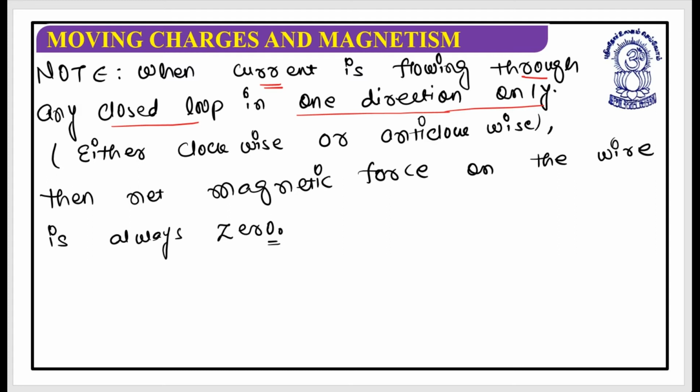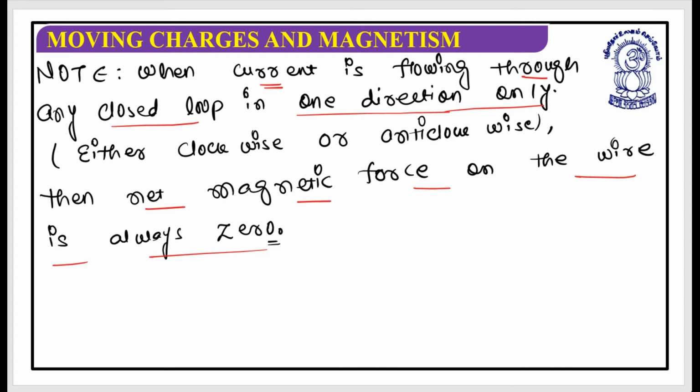If it is not the case, this statement is not correct. If it is the case, then the net magnetic force on the wire is always 0. I hope this is clear. Do you understand this fully?